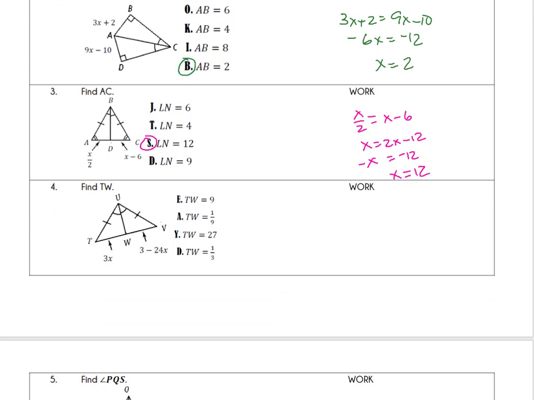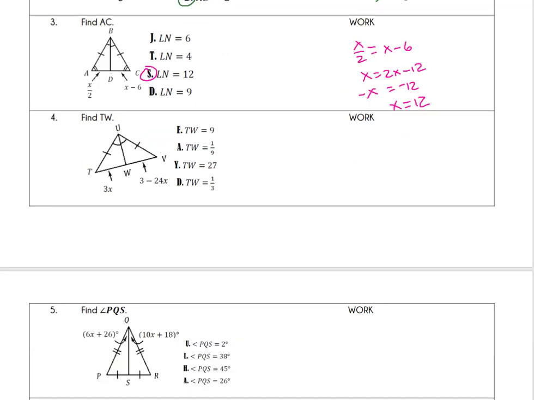So next part here. So down here, okay, so for this one, I find TW. Again, we got a perpendicular bisector, so those segments are congruent. TW is congruent to WB.